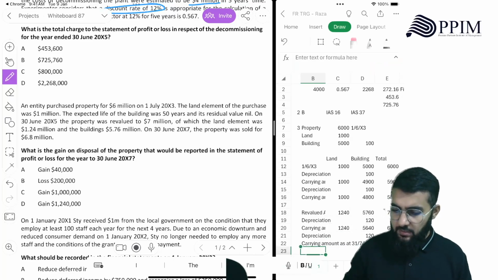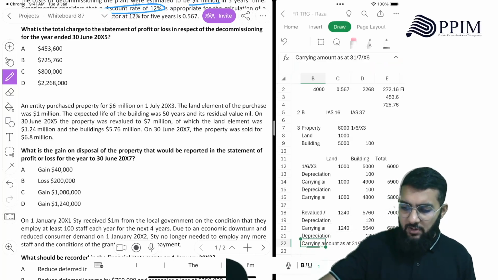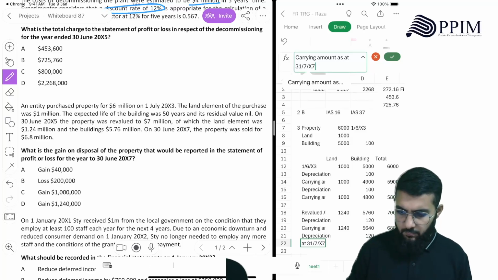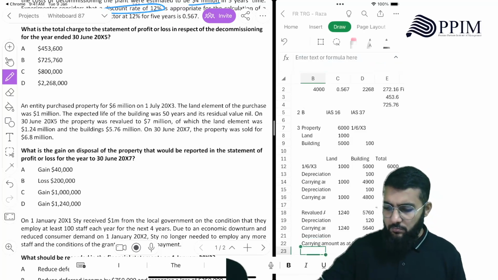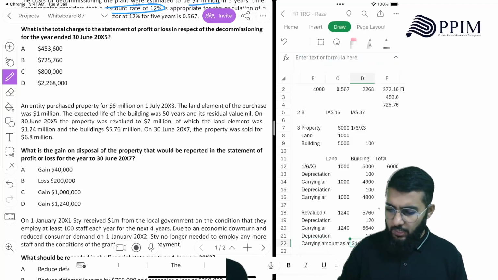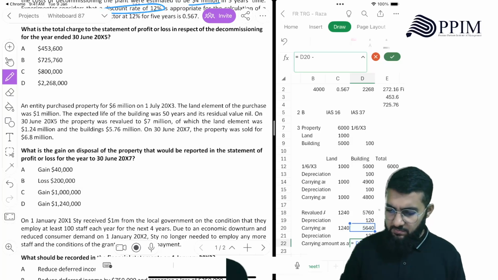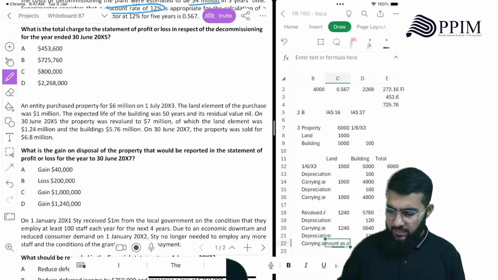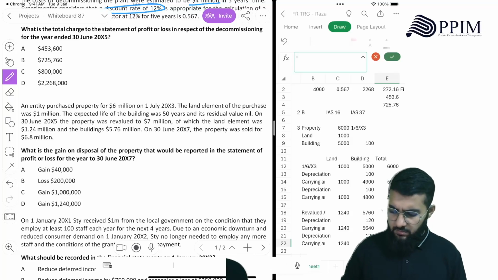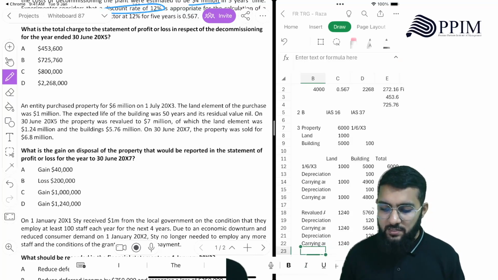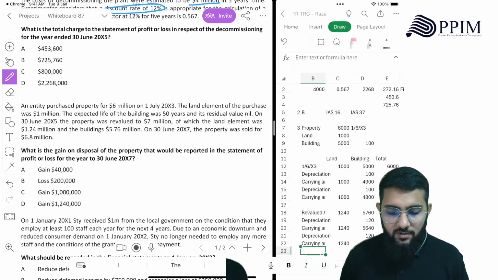as at x7. How much is that? This minus this and this plus this. 6760. Right. How much is the property sold for?